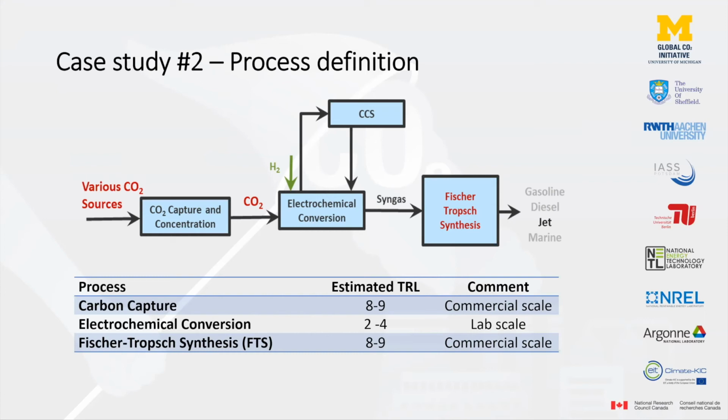You probably heard the previous webinar on the TRL. I know this number can be a little bit judgmental, but based on the team consensus, we believe the carbon capture as well as the Fischer-Tropsch synthesis are at commercial scale, so they're high in TRL. However, the electrochemical conversion part is a newly developed area, so we estimate the TRL is between 2 and 4. It's still at lab scale testing and demonstration.